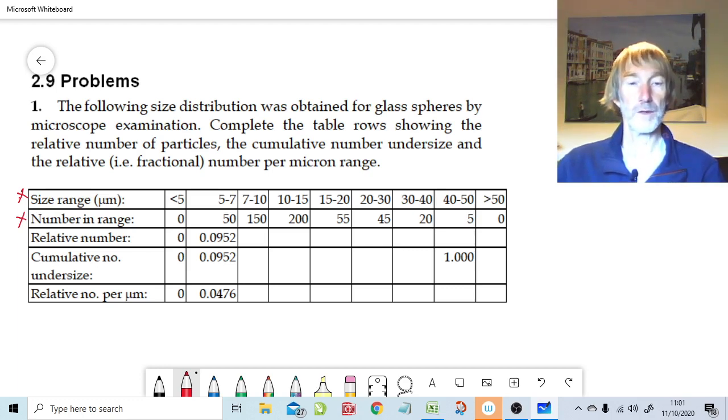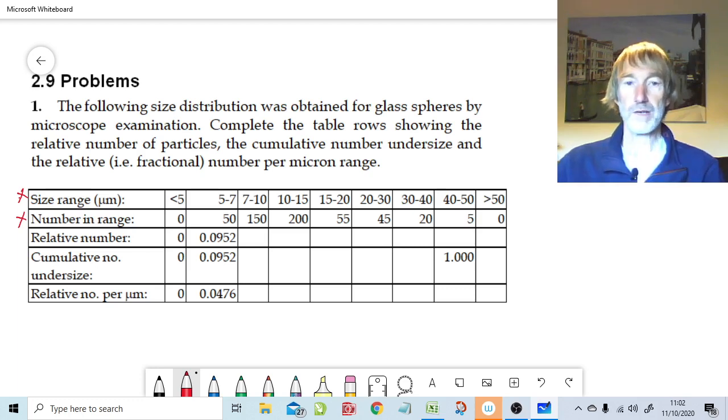Now this is an undersize and not an oversize, so we'll use the upper boundary of our size range, 7 microns in this case, so we're calculating the amount below 7 microns. And then this thing is a little bit more difficult to understand, the relative number per micron range. We'll come back to that in greater detail in a moment.